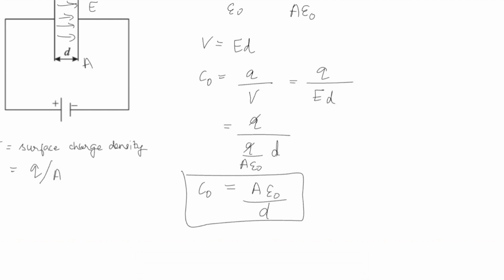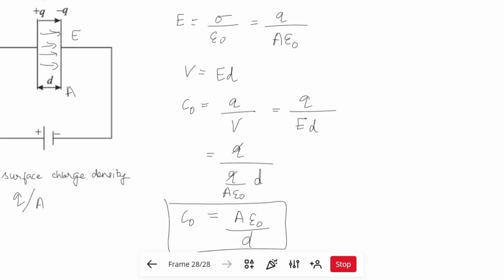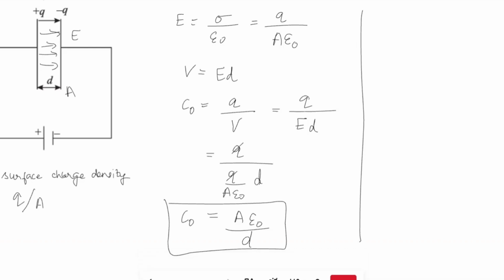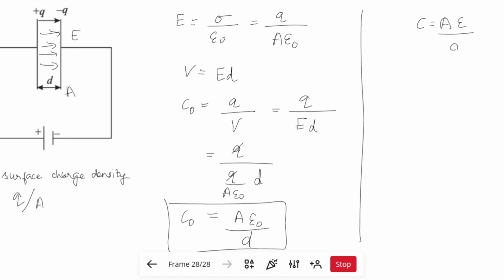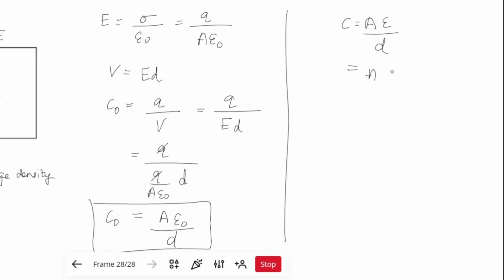Now, if these plates are separated by a dielectric medium other than air or vacuum, then the capacitance would become C is equal to A epsilon by d. Instead of the permittivity of free space, we replace it by epsilon, which can be written as K times epsilon naught.